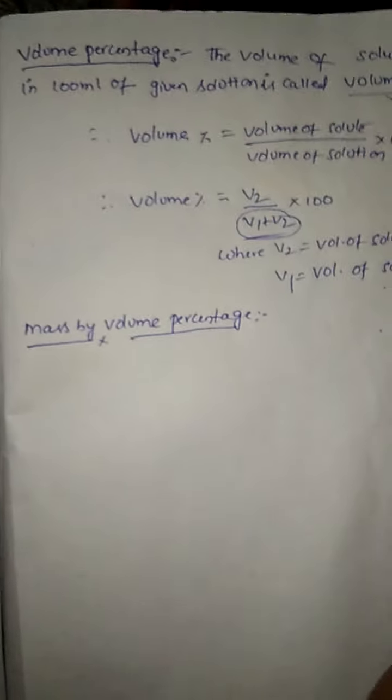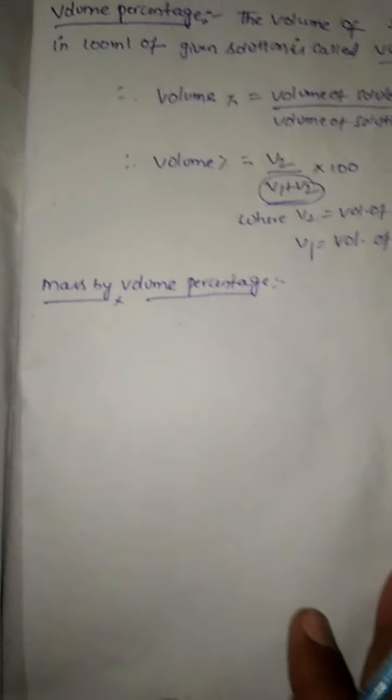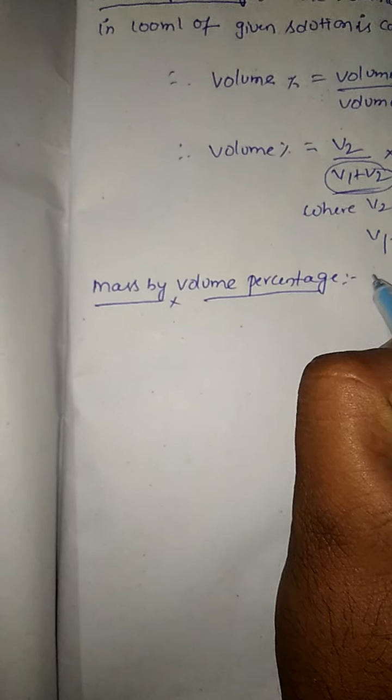So next one is mass by volume percentage. Mass by volume percentage means weight by volume.